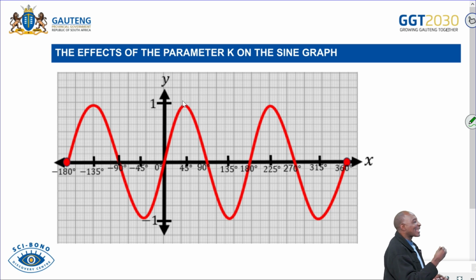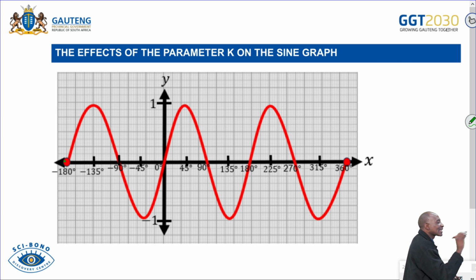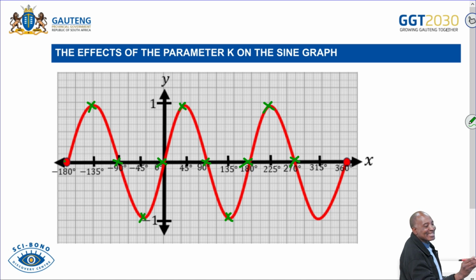Then you are going to again plot point after point. Negative 180 is 0, negative 135 is 1, negative 90 is 0, negative 45 is negative 1. You plot all your points right up to the end, point after point, until you get to 360 degrees. Then you lock the ends.